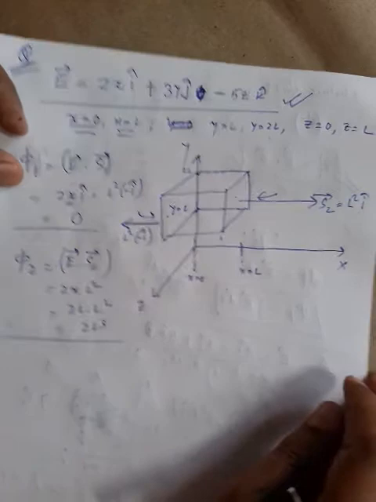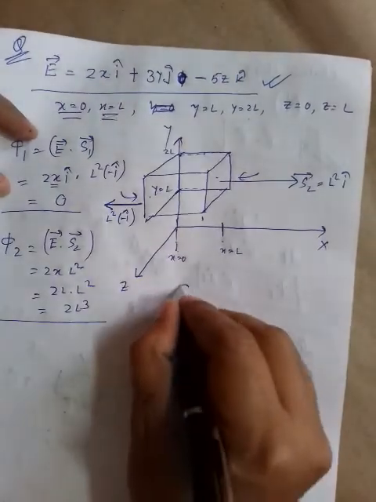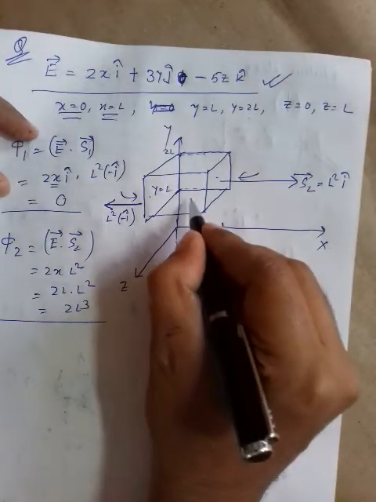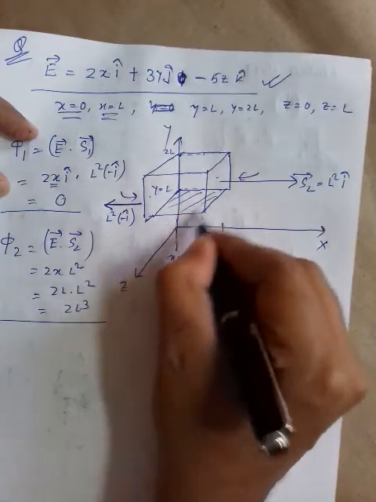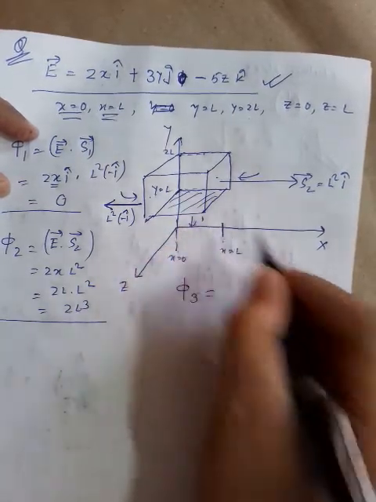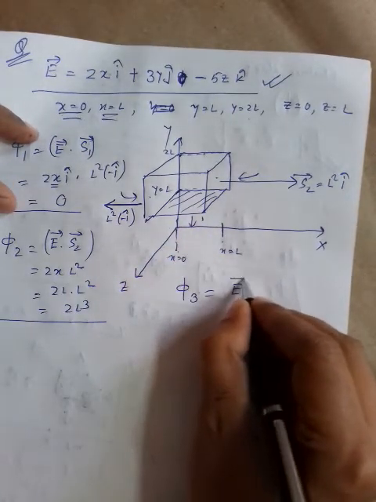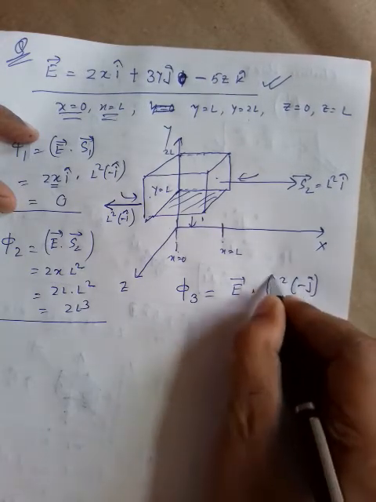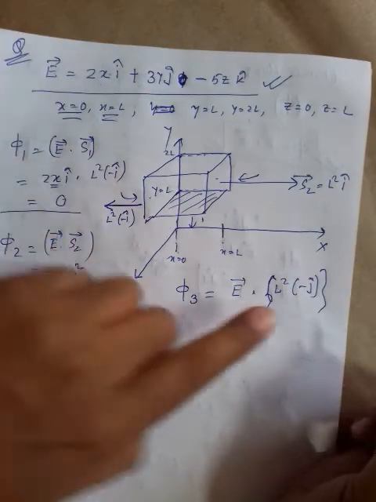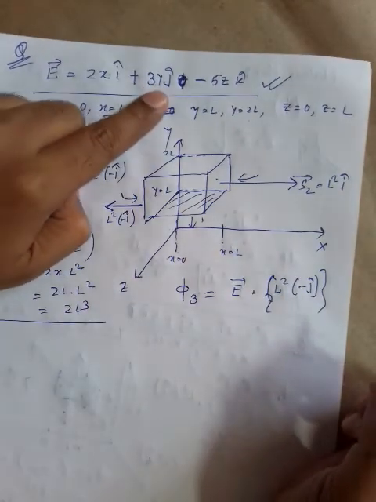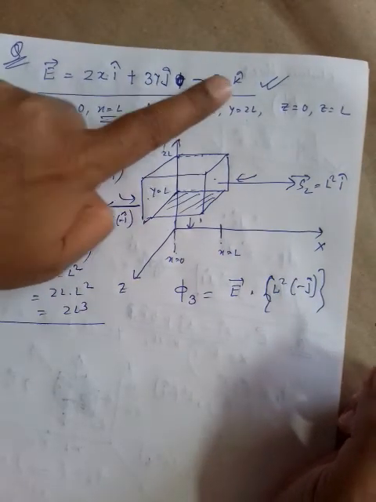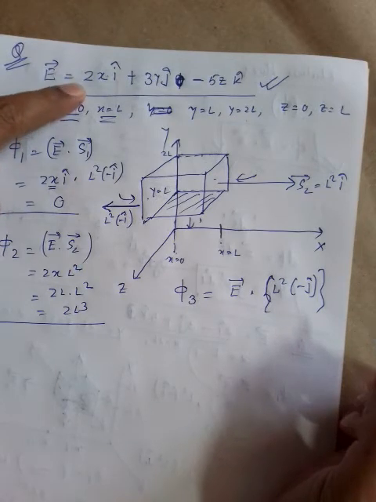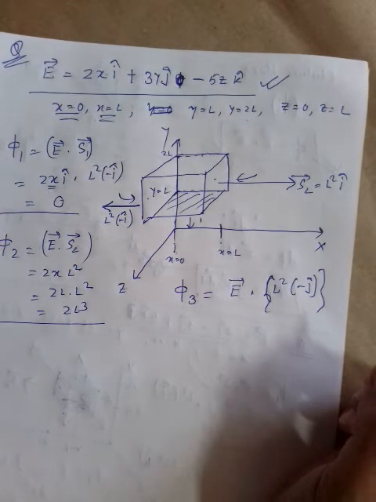I hope that's clear. Flux in the third surface I want to measure. Third surface meaning this bottom surface for me. In this bottom surface, the area is downward. So whatever electric field we write, the area will be L square in the minus j cap direction. Only the j component of the electric field gives the answer, k and i are 0, because the dot product of mixed unit vectors is 0; only i dot i, j dot j or k dot k are important.